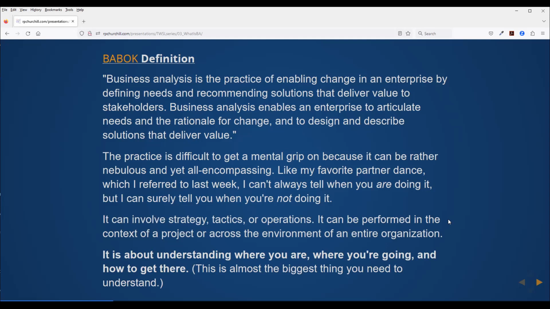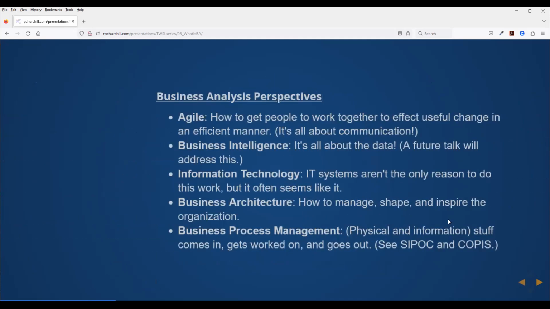It doesn't take any analysis to keep doing the same thing. But if you want to do something different and hopefully better, that involves change. And if you're going to do that, you might as well analyze it and do it right.